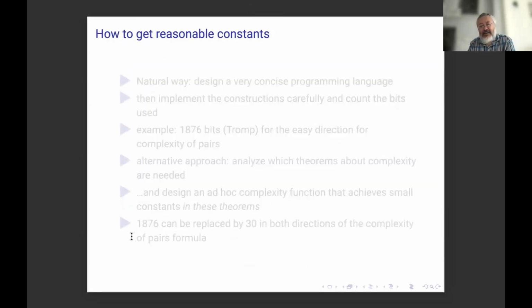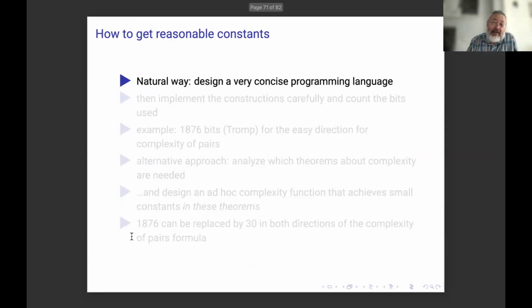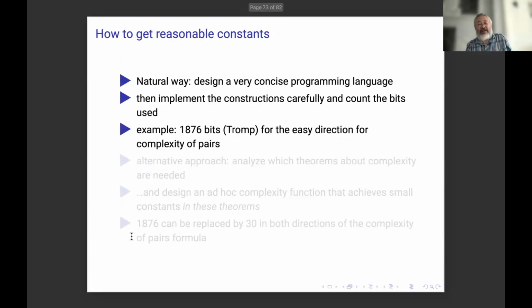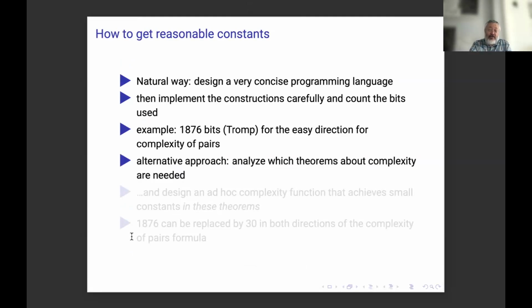There are not really reasonable constants, but of course we can follow Tromp and design a very concise programming language and then use it, and then we get a very large constant. There is an alternative approach, where we do not try to use a good programming language, but just see what facts about complexity we need, and then provide special complexity functions which have smaller constants exactly where we need them.